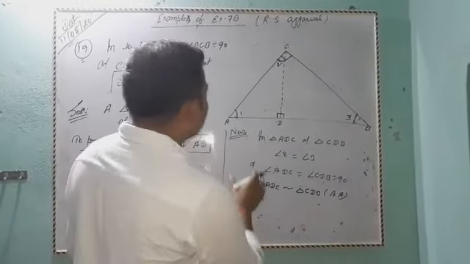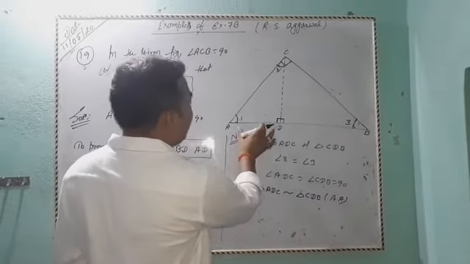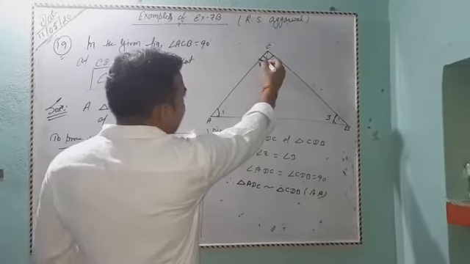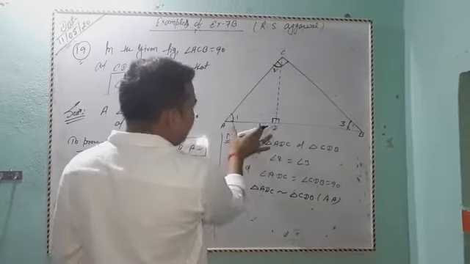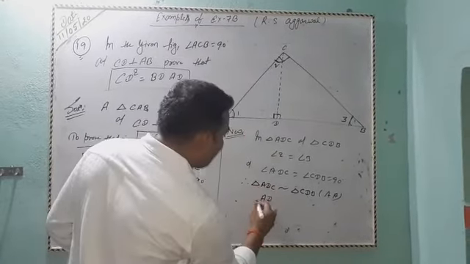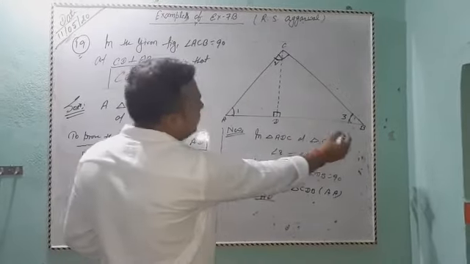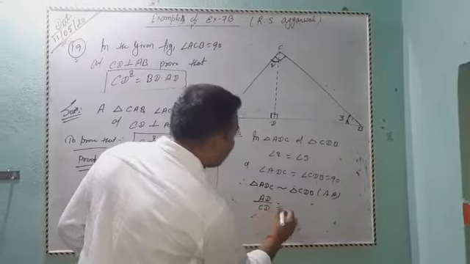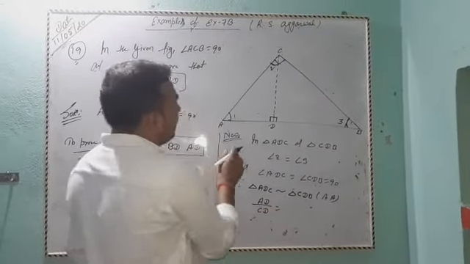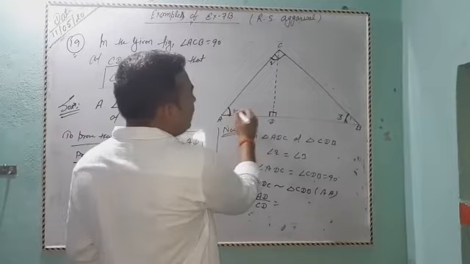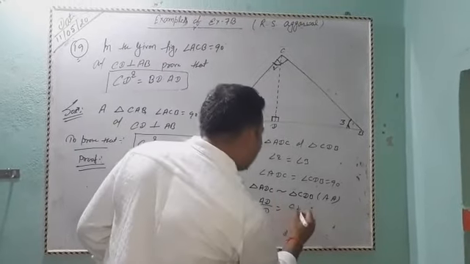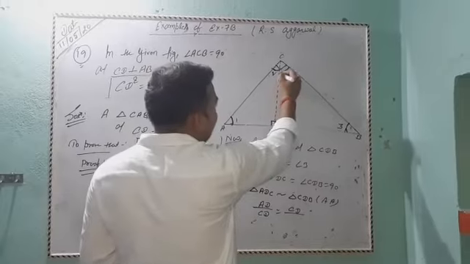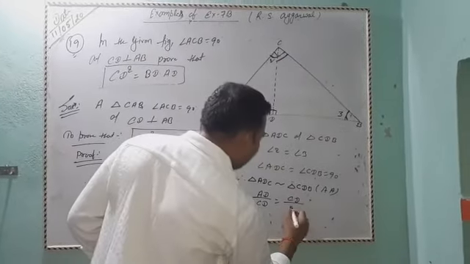Then we write AD by CD equals CD by BD: the opposite side of this angle is AD, and the opposite side of this angle is CD; the opposite side of angle 1 is CD, and the opposite side of this angle is BD.